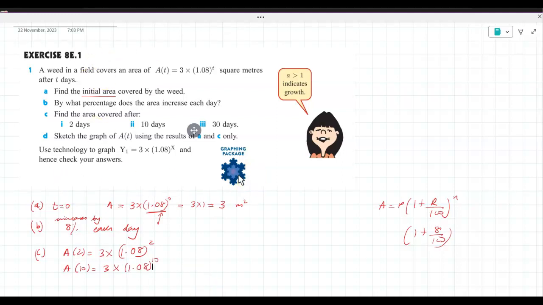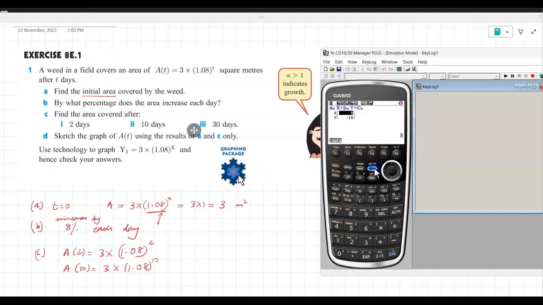The shortcut is, you go to menu, go to function, go to graph, put in 3 into open brackets 1.08 close brackets raised to x. Enter. Now you exit. Press menu, go to run matrix. Let me delete all this.